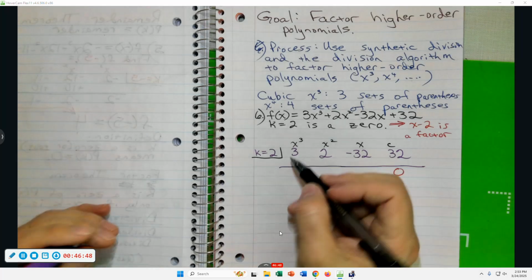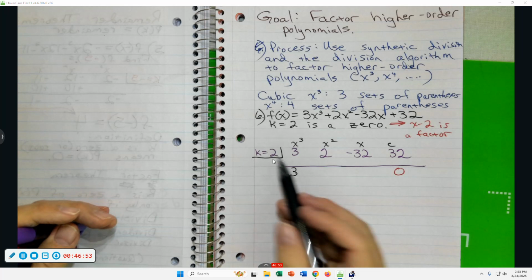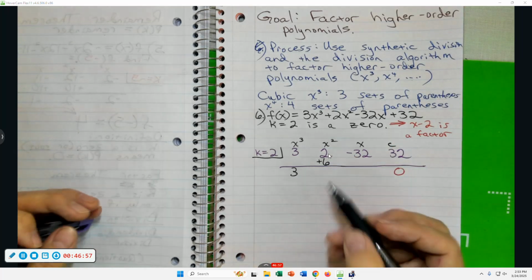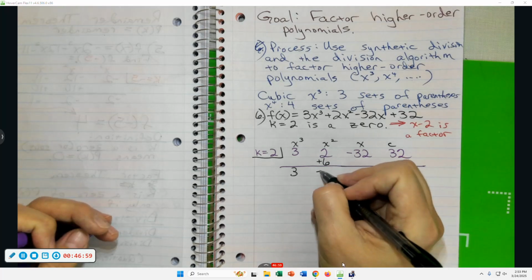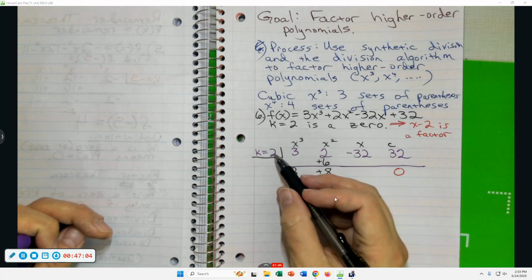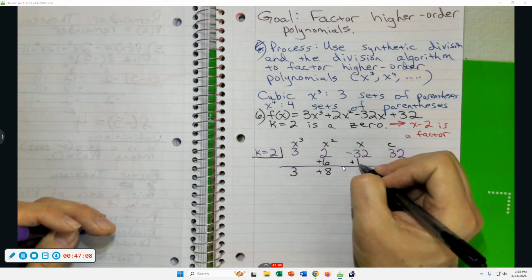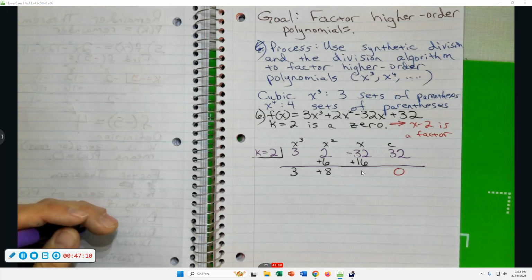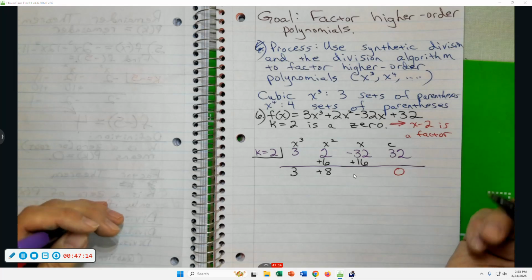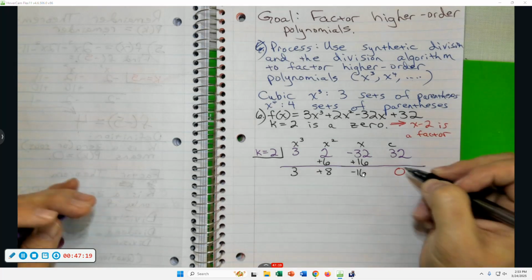So we start by bringing down the 3. 3 times positive 2 gives me a positive 6. 2 plus 6 gives me a positive 8. 8 times 2 gives me a positive 16. What's negative 32 plus 16? Negative 16 times 2, what am I about to get right here?